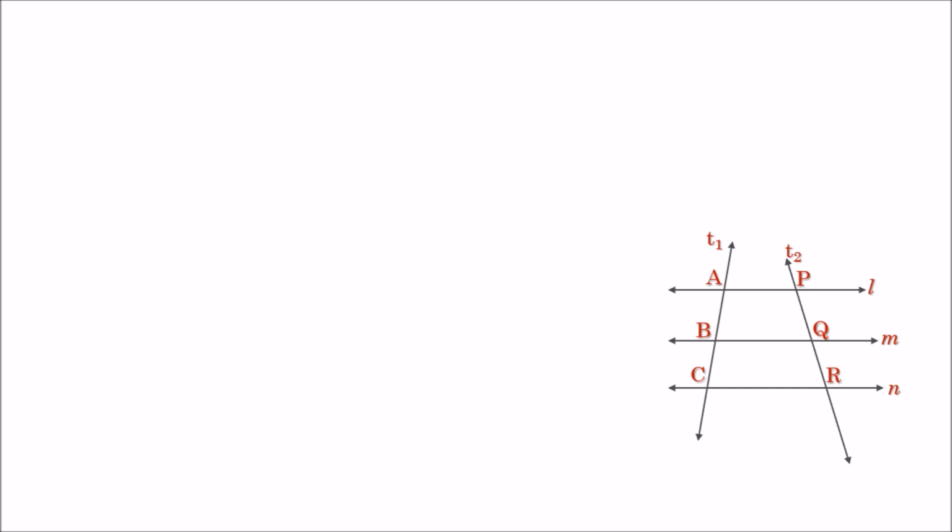Look at this figure, here seg AB is the intercept formed on transversal T1 by two parallel lines L and M, right? Seg BC is the other intercept formed on transversal T1 by the other two parallel lines M and N. Similarly, seg PQ and seg QR are the intercepts formed on transversal T2.